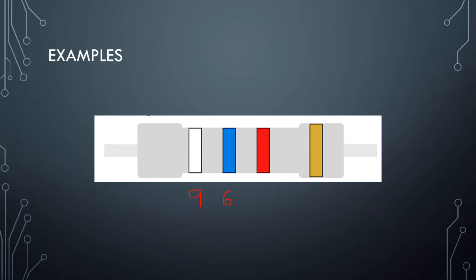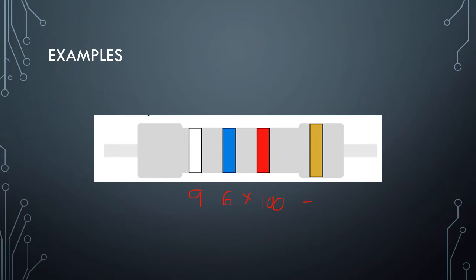So we have the first digit as 9, our second digit 6, and our multiplier, we just multiply it times our color red, which is 2. So we have times 100. We have 2 zeros because our red is value 2, and in our multiplier it has 2 zeros.